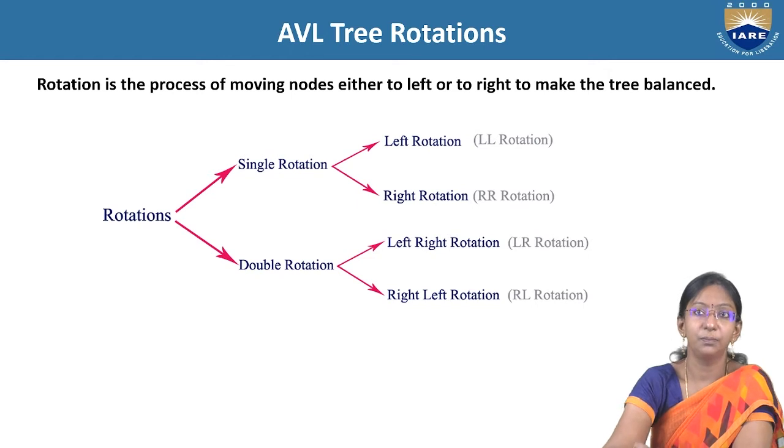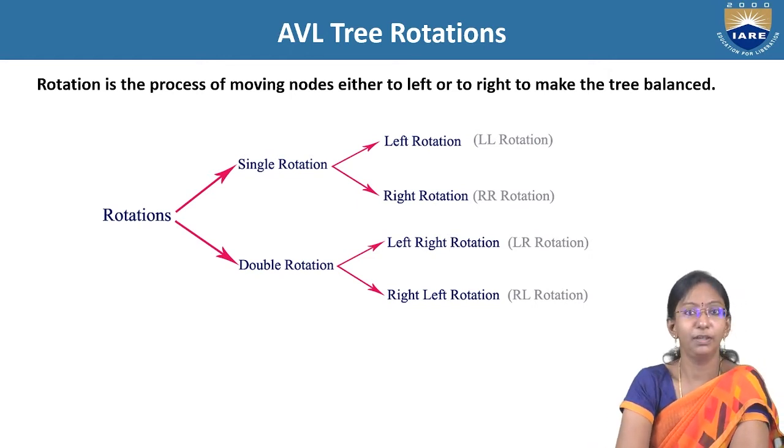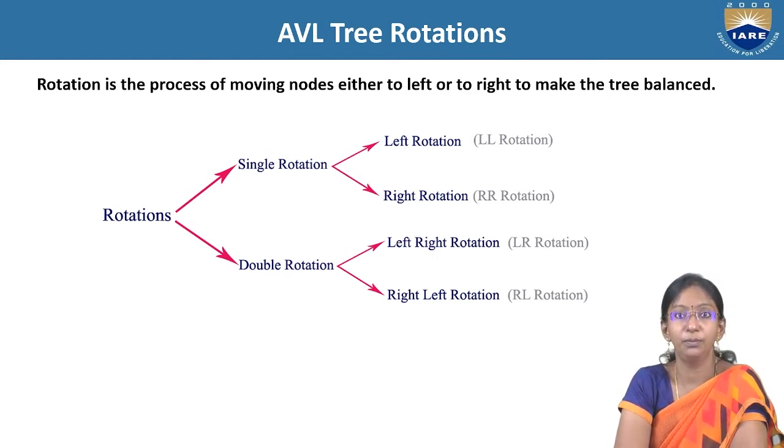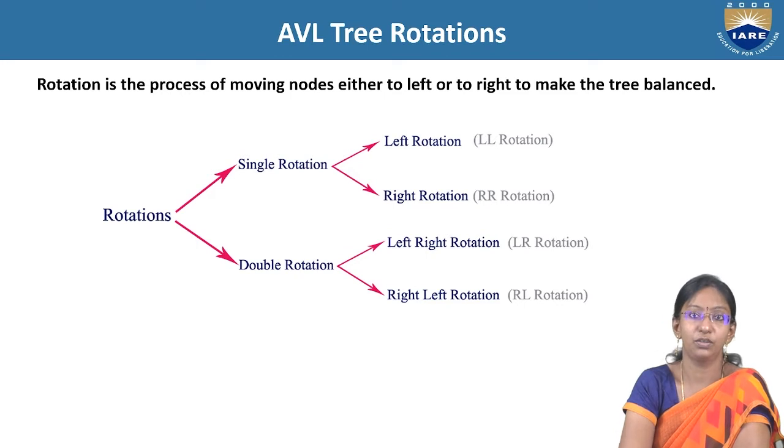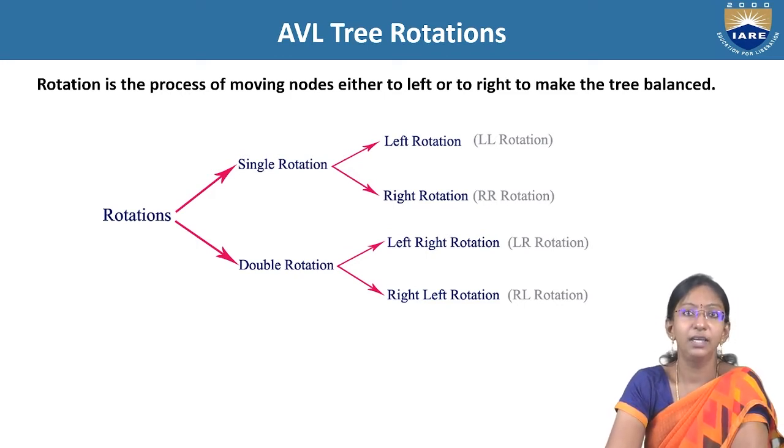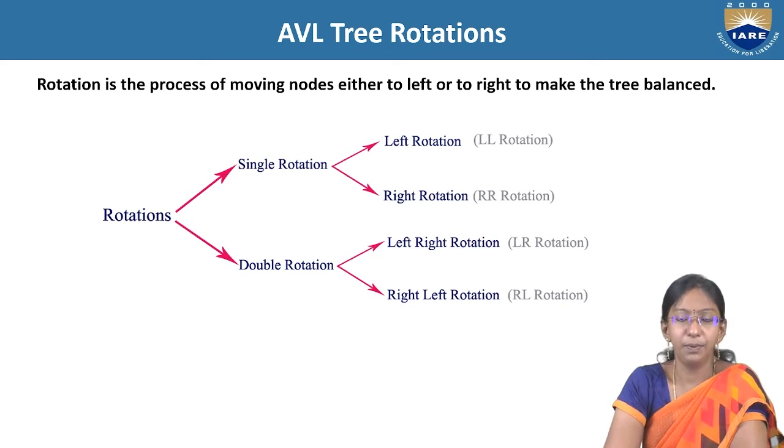Single rotation is one step of either left rotation or right rotation, whereas double rotation is a two-step one. Either you can go for left right rotation or right left rotation. So these are the four rotations which we have, using which we can balance the tree. Please keep in mind, AVL trees, that is balanced search trees, are BST at the core.